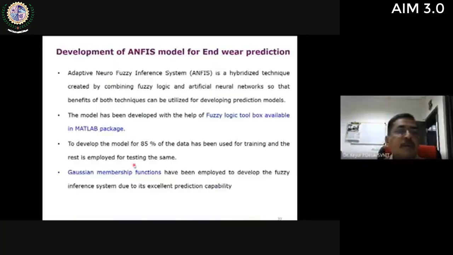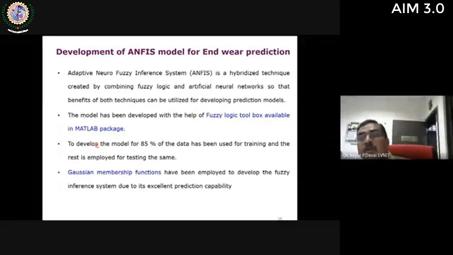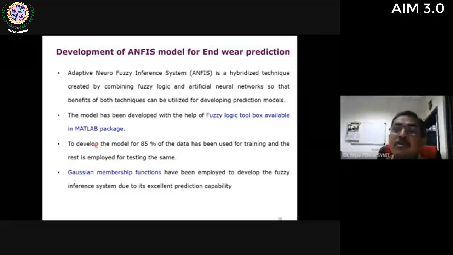So we tried to develop an ANFIS model for end wear compensation. And for that purpose, we have used the adaptive neurofuzzy inference system, ANFIS, which is a hybrid technique created by combining fuzzy logic and artificial neural network, so that the benefits of this technique can be utilized for developing a prediction model.